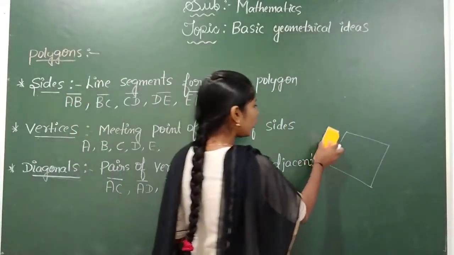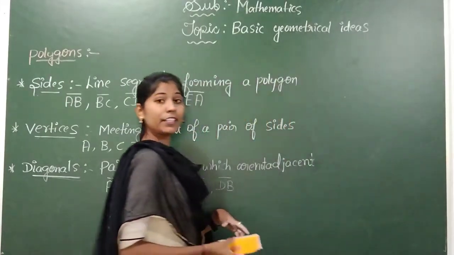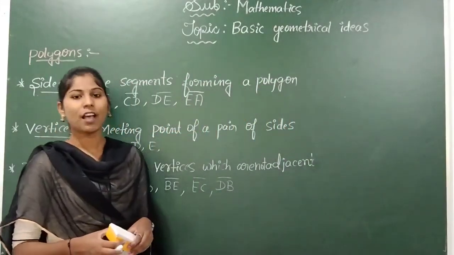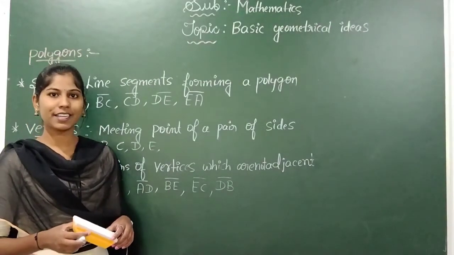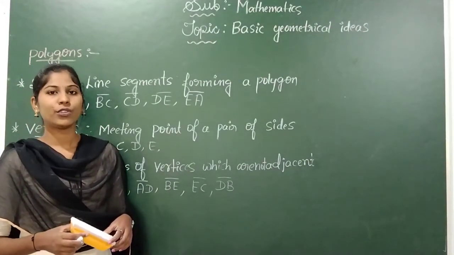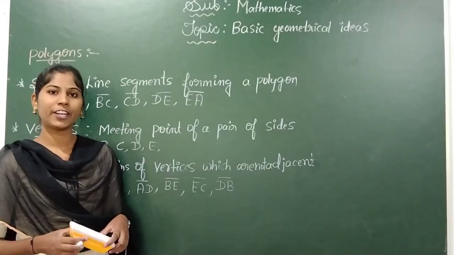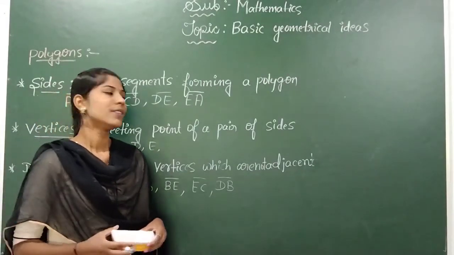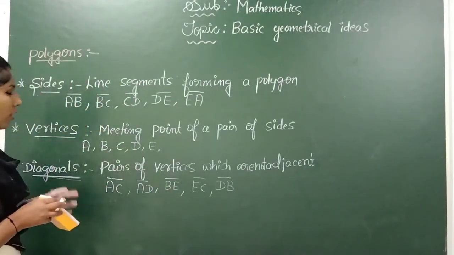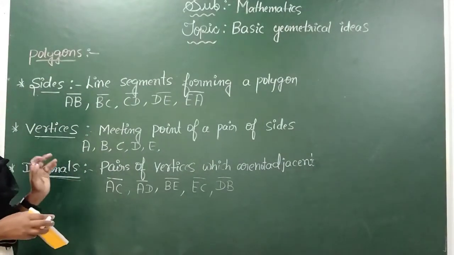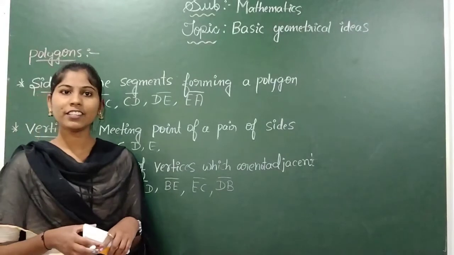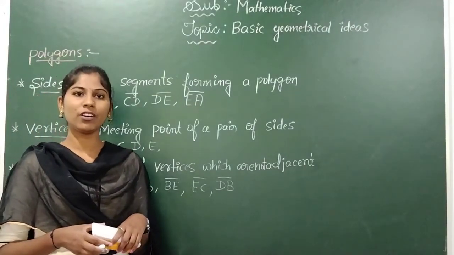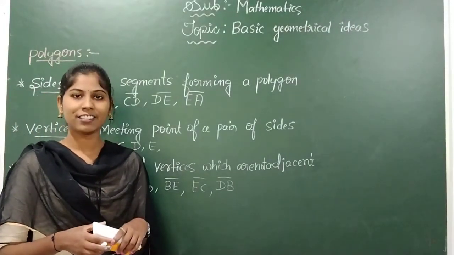A polygon made by 5 line segments or 5 sides is a pentagon. A polygon made by 6 sides is a hexagon. You can learn up to the decagon also. So this is all about the polygon, sides, vertices and diagonals. In the next class you can learn another type of polygon. Thank you.